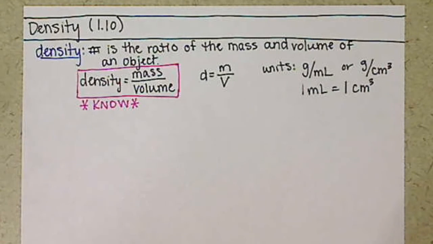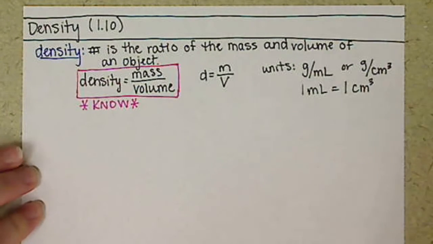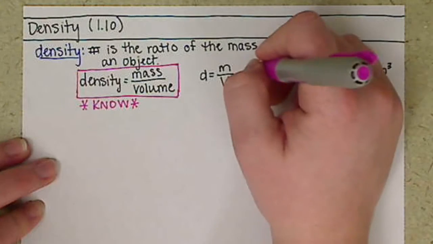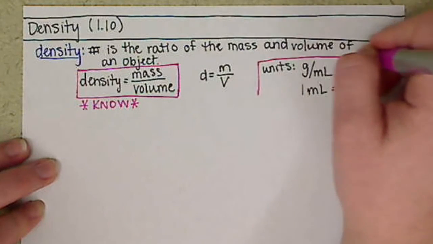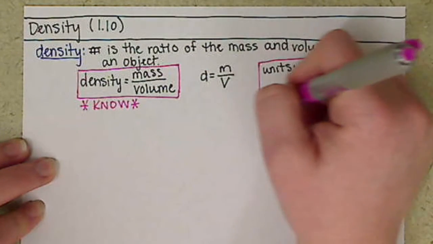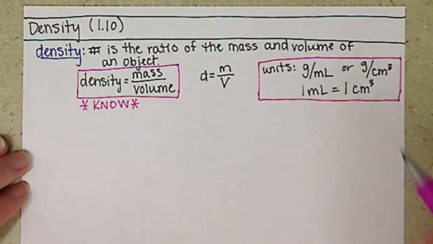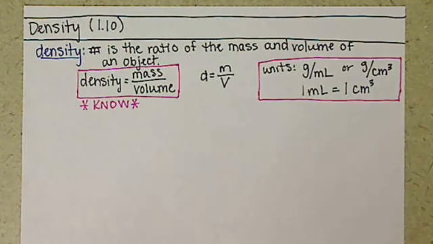I prefer the term know because as long as you work through a number of examples and you understand the concept, you'll just naturally memorize that equation. You also want to know the units of density and know this conversion between milliliters and centimeters cubed.